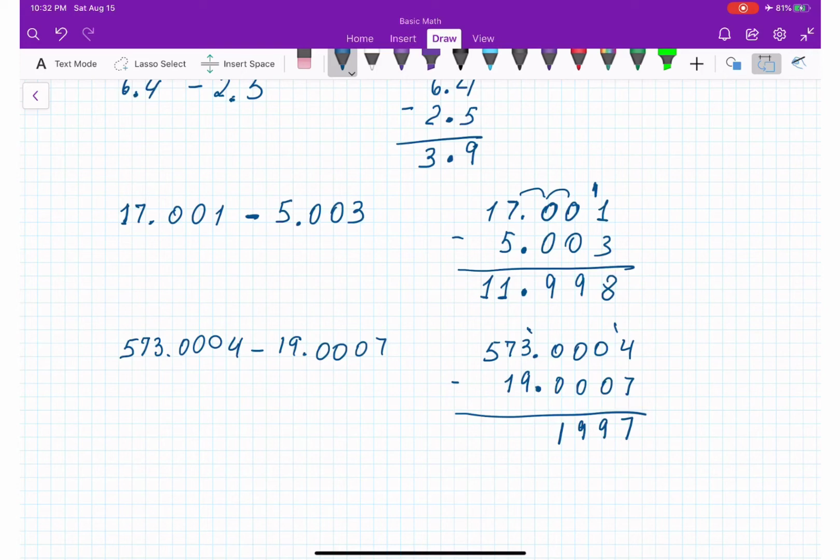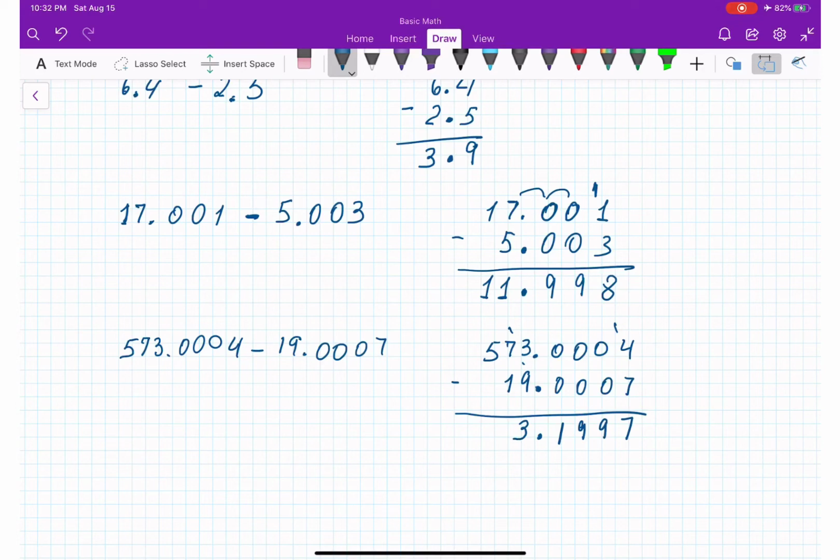Here I have 2 left. 2, I cannot subtract 1 from these. Left 2, I cannot subtract 9. Therefore, I'm going to borrow from this 7, right? I will get 12 minus 9 is 3.